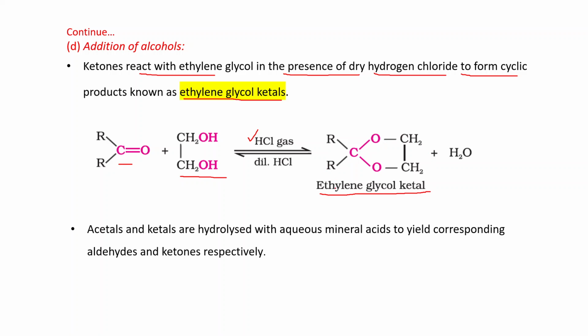If the ethylene glycol ketal is reacted with dilute HCl, again we will get this ketone. Acetals and ketals are hydrolyzed with aqueous mineral acids to yield the corresponding aldehydes and ketones respectively. That is, acetals may be converted into aldehydes and ketals will be converted into ketones. Okay, thank you.